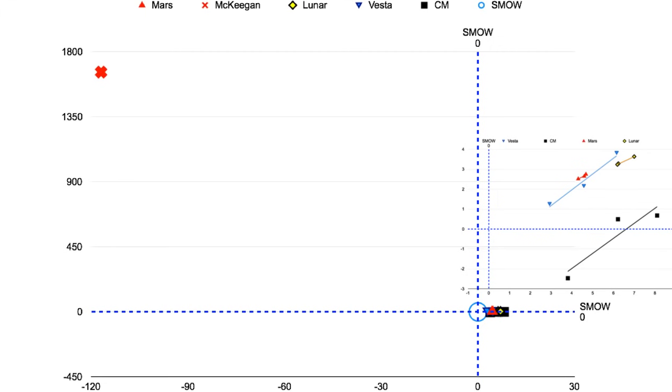And last time I was emphasizing, it is from a whole other star. It's like a whole other part of the galaxy.